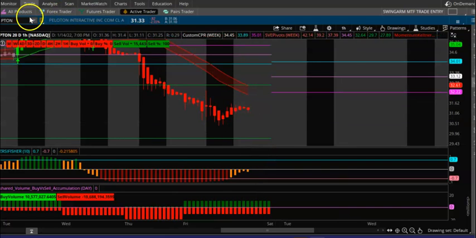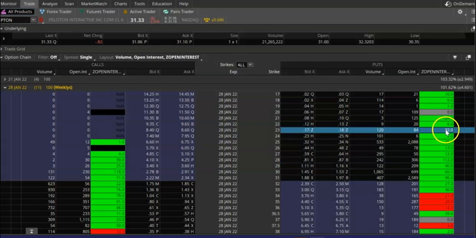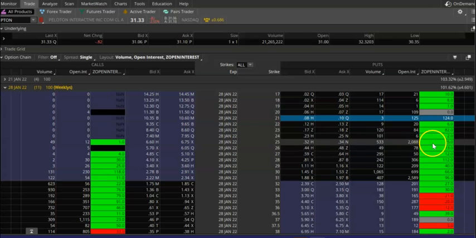Let's go to all products. I have an indicator here which tells me which strike the open interest has increased on. For example, in this one there is a lot of increase, 82%, 124%, and here 2000 open interest is there.